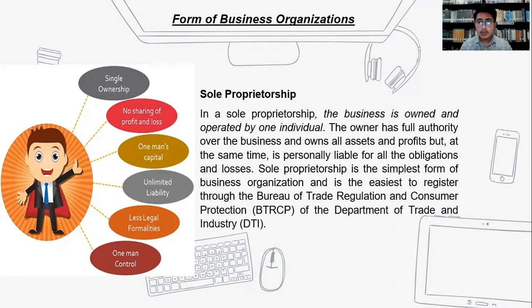So kung ano yung nasa isip mo, kung ano yung gusto mong gawin sa negosyo, pwede mong gawin, kaya nasabi siyang simplest, okay? And aside from that, it is easier to register than other forms of business organization kasi kung gusto mo ma-register siya as a business and as a sole proprietor, ilalagay mo lang siya or isasend mo lang siya sa DTI.